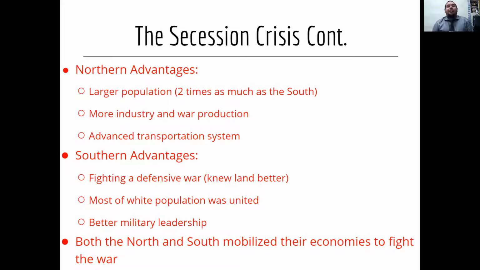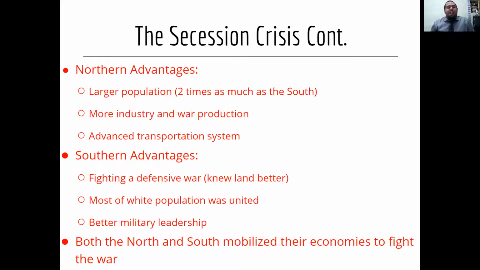Again, the differing economies, the differing types of, I don't want to say lifestyle, but basically it was pro manufacturing industry in the North and agricultural, agrarian society in the South. We have the advanced transportation system. Again, the railroad boom is going on during this time, and there are more railroads, surprise, surprise, in the North.